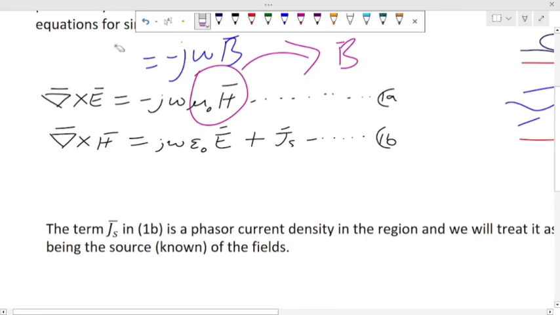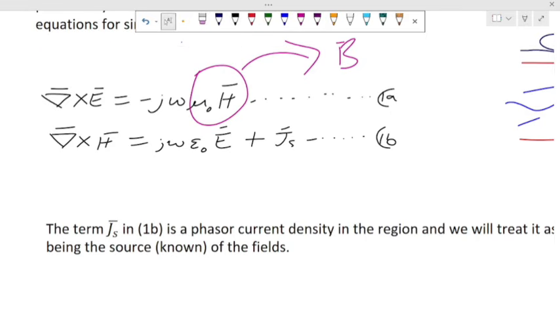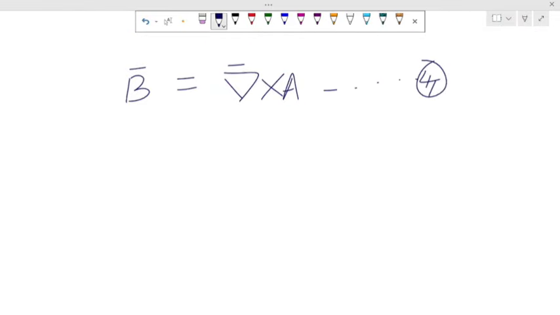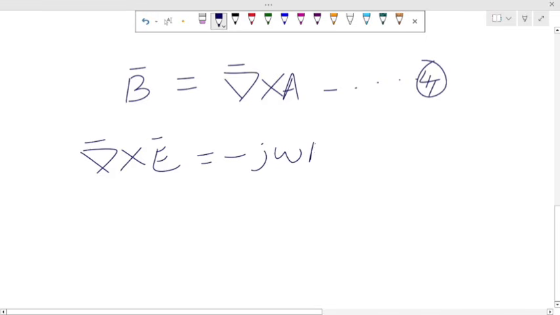So remove all this and let's take it down. So we can now write this equals minus j omega B. Not B actually, but magnetic flux density. So this will give us what?